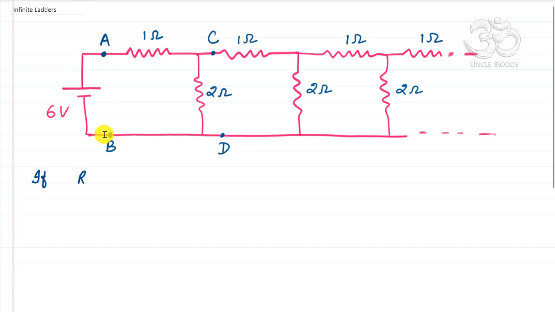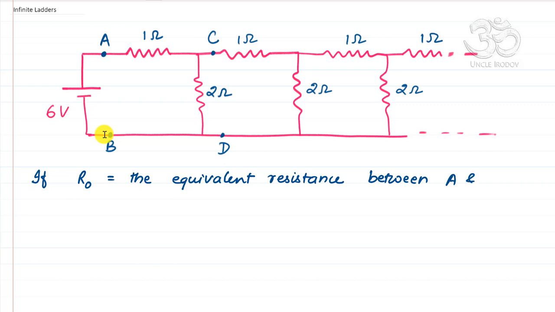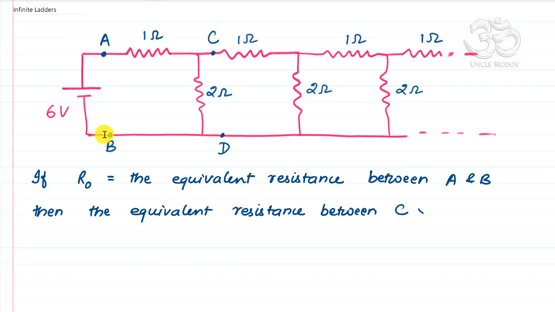And what we claim is this: if the equivalent resistance between A and B is R naught, it's easier to write, then the equivalent resistance between C and D is also R naught.